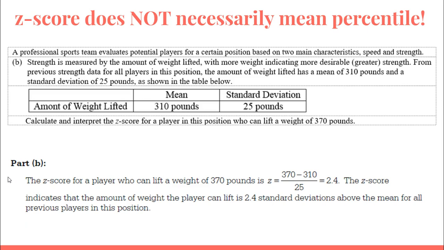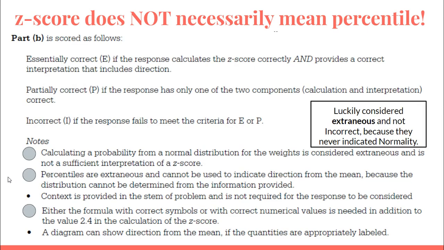So what we did is, this is the answer. Here's how it's graded. A couple of things we wanted to point out are the ones in the big gray bullet points. Calculating a probability from a normal distribution for the weights is considered extraneous and not a sufficient interpretation of a z-score. Luckily, they're considering going to a normality extraneous, and they're not marking it incorrect because they never indicate normality.